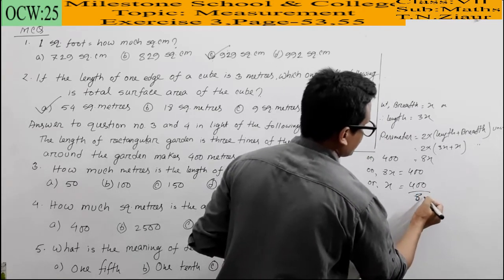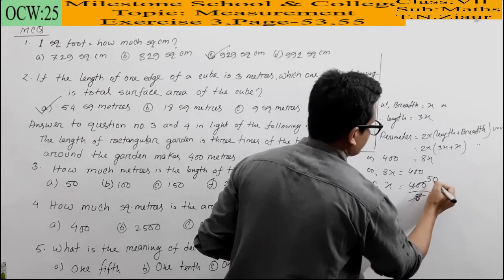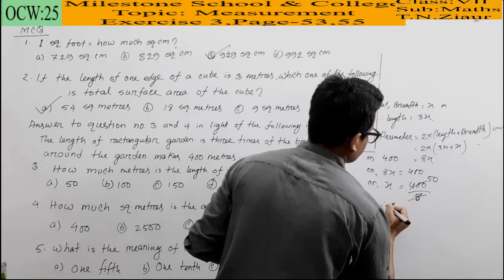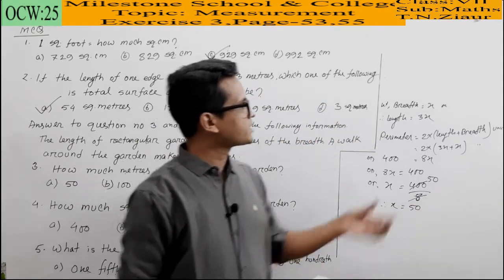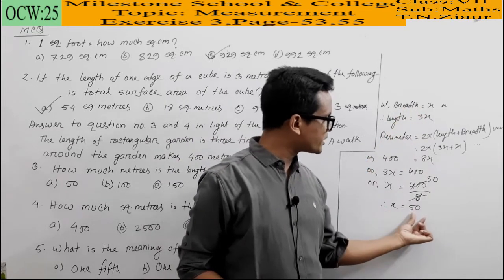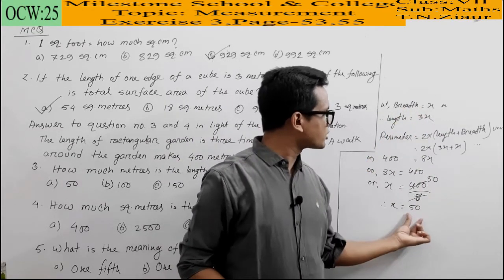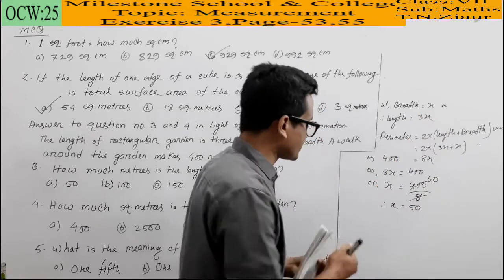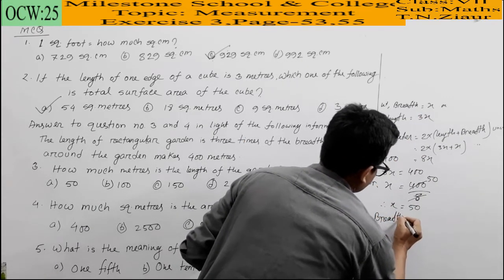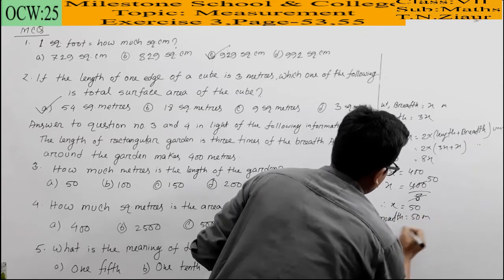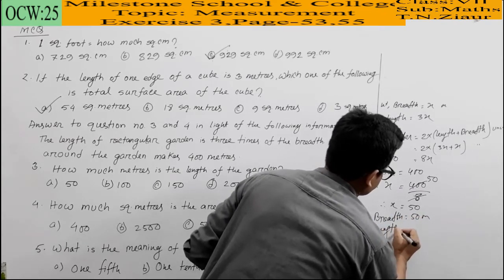What will it be? It will be 50. So therefore x is equal to 50. And what is x? x is the breadth. So the breadth is 50 meter.